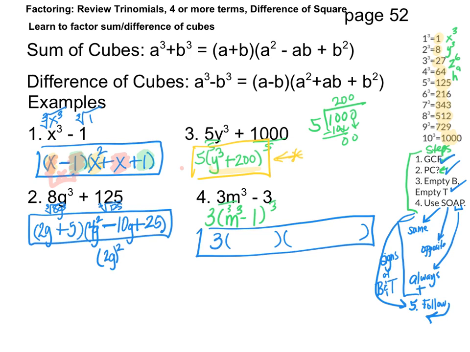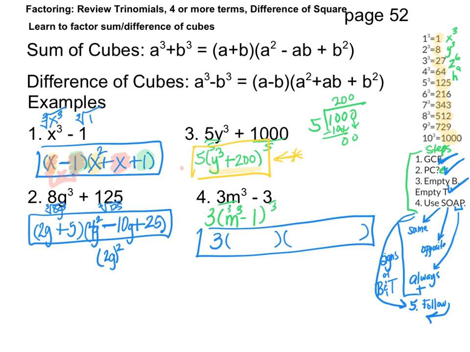Number 3 is finished, and now we're ready to move on to number 4. For number 4, this sign and this sign are the same. Let me go through really quickly. We went through and took out our greatest common factor. We already determined that these are perfect cubes. We already put an empty binomial and an empty trinomial and included our greatest common factor.